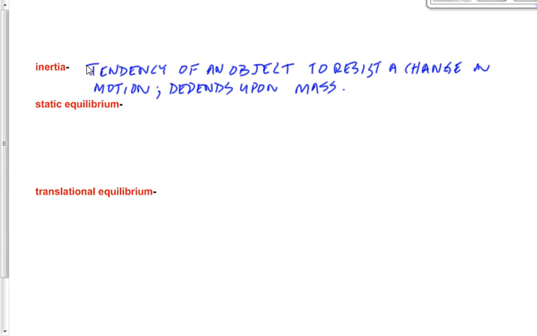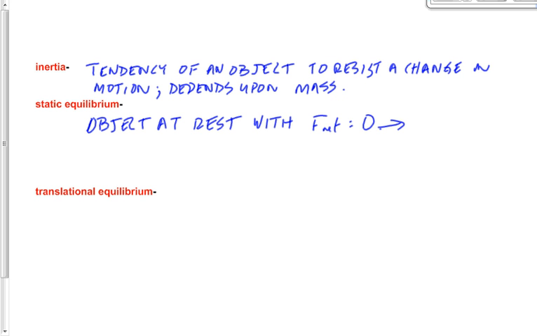Static equilibrium. Static equilibrium is when we have an object at rest with F net equal to 0. What's the result of that?